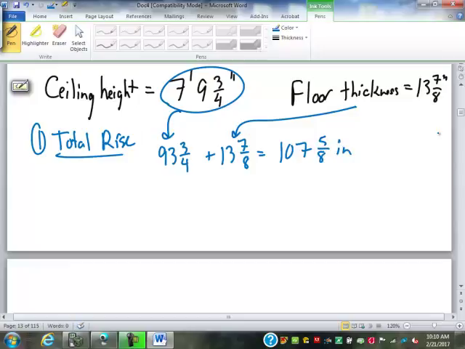Bless you. So what'd you get for the total rise? 107 5/8. Perfect.